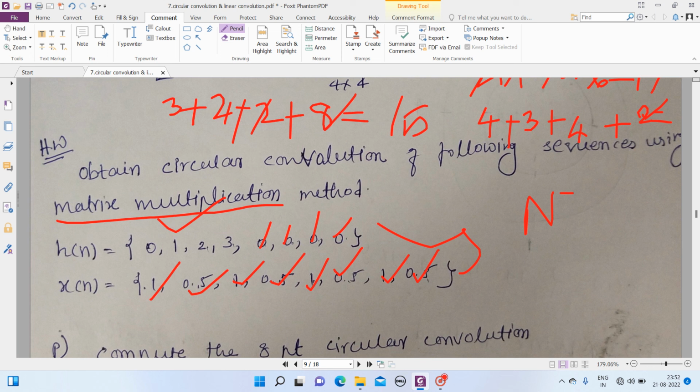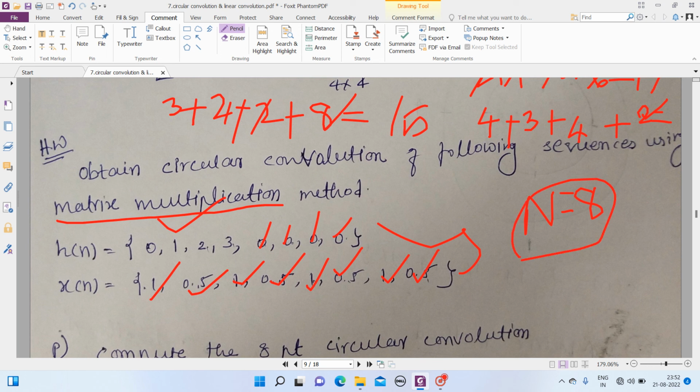So you have to do an 8 by 8 matrix. They won't ask this much length, an 8-point sequence, in the exam. The length of the sequence should not be more than 4. Don't worry. Just for practice, do the circular convolution for end point 8.